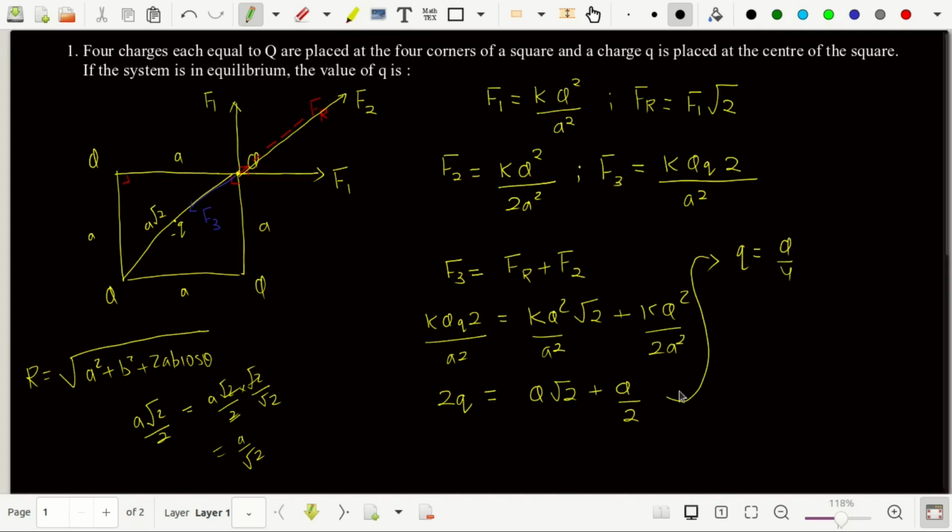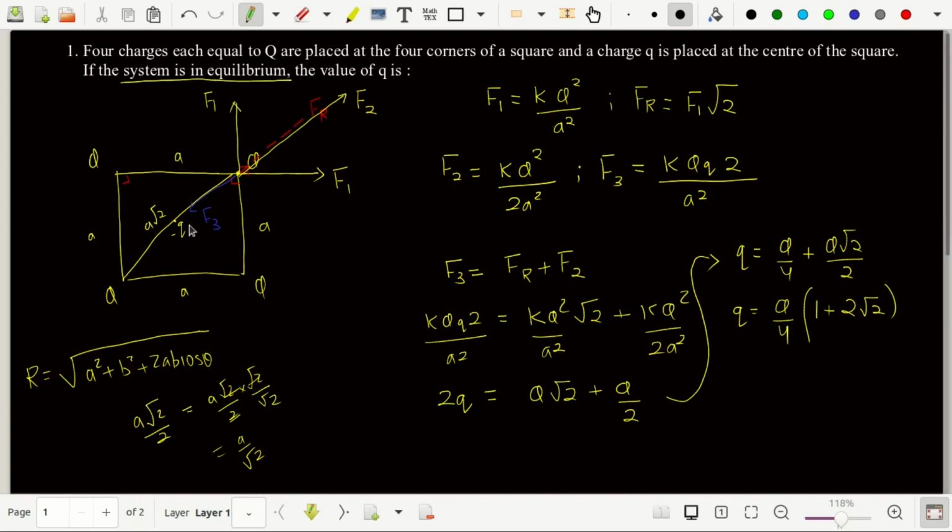My small q becomes Q by 4, I have taken this thing, and plus Q root 2 over 2. And if you take out Q by 4 common, you are left with 1 plus 2 root 2. You can just see it from the question itself. So in the solution, this 2 and 2 get cancelled and you are left with the denominator.